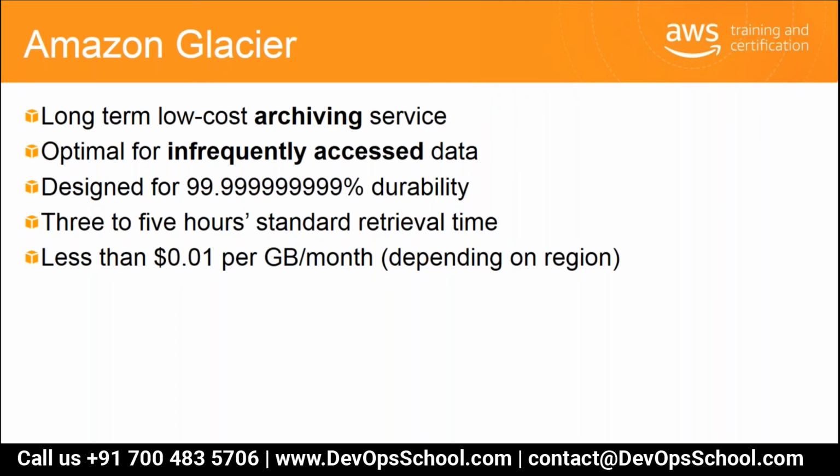You may not get the file retrieved as fast as S3 does. So if your use case is okay with that amount of retrieval time, but you get it at a very low cost, you might want to choose Amazon Glacier for archival purpose. It costs less than $0.01 per gig per month. Again, it depends on your region, obviously, but it comes at a very low cost.